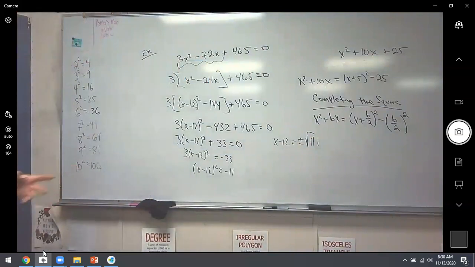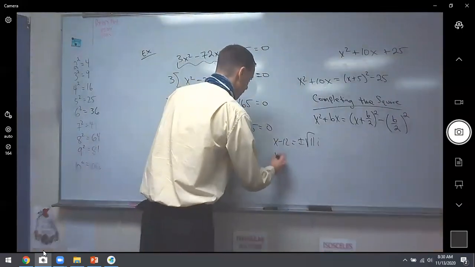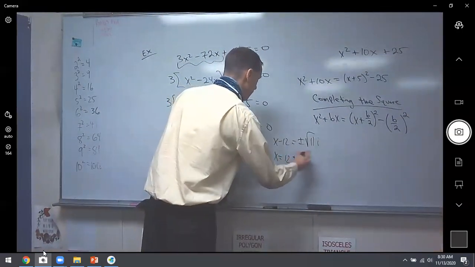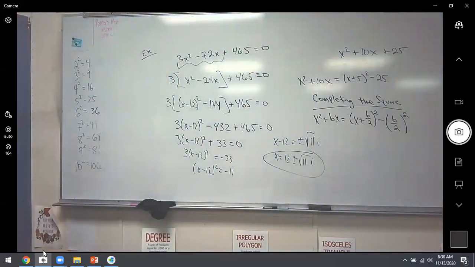The square root of 11 is not pretty. There are no perfect squares that go into 11. But it's a square root of negative 11, so you have to make it an i thing. So this is going to be a complex answer. And then the same thing as always, move the 12 over. So the final answer is x is 12 plus or minus the square root of 11 i. Those 2 things solve it right there.